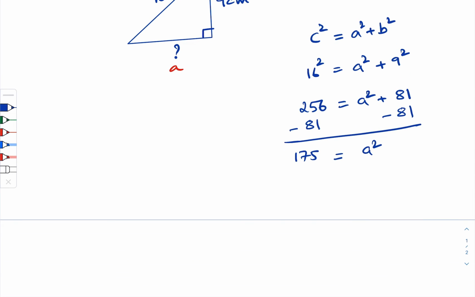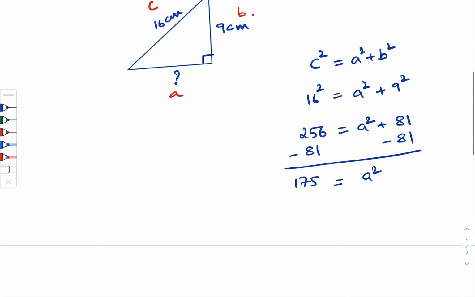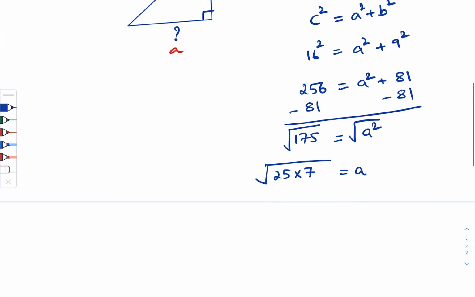Now, as we said before, we're only interested in the positive root, because it's an actual length. So we'll just take the square root and focus on the positive root and not worry about the negative root. So A is equal to the square root of 175. Now, are there any hidden squares in 175? 175 can be broken out into 25 times 7. 25 is a perfect square.